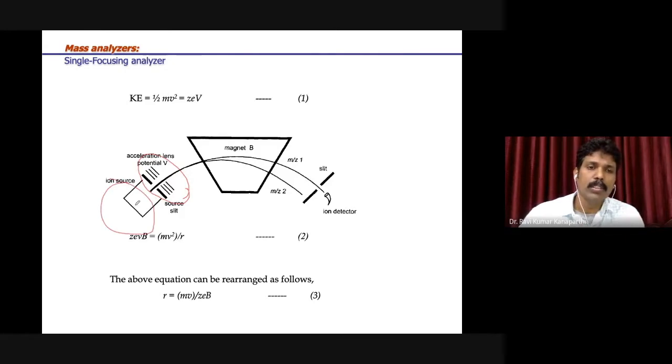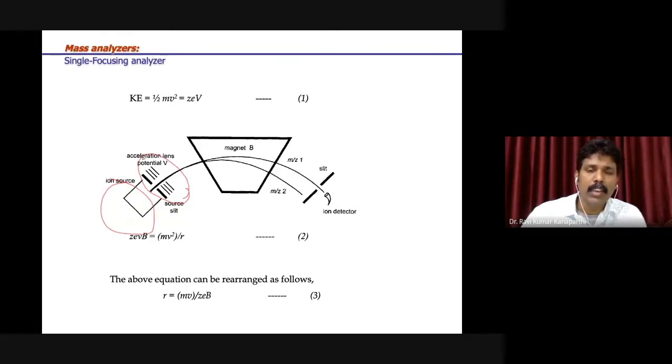Once the ions are formed, they are accelerated with some kinetic energy from the ion source and pass this way. One arrangement to separate the ions is to apply a magnetic field just after the ion source, and then the separation will take place. This is the general principle explained here.